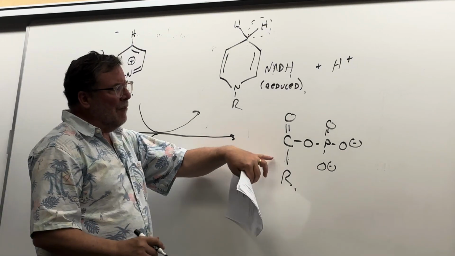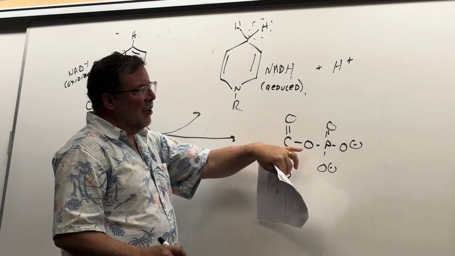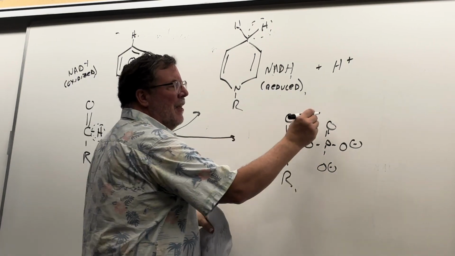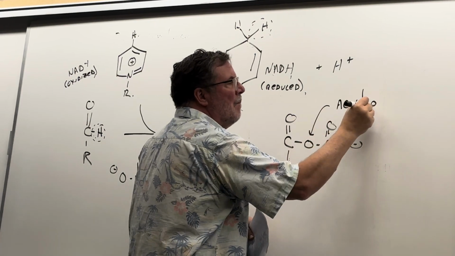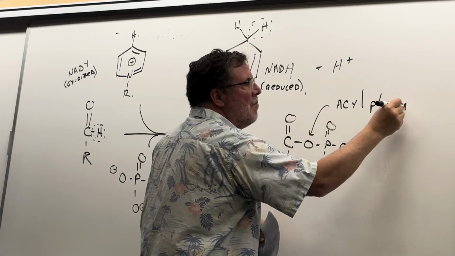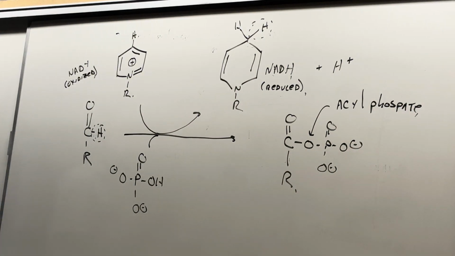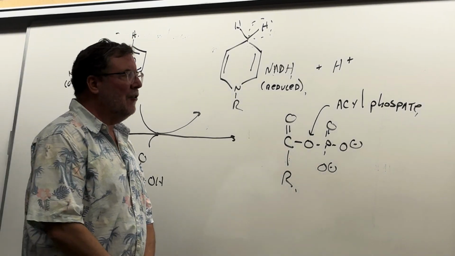So what this ends up with, this functional group right here, where we have the phosphate next to the carbonyl, is known as an acyl phosphate. This is a particularly high energy bond, even higher than that of a phosphoanhydride.